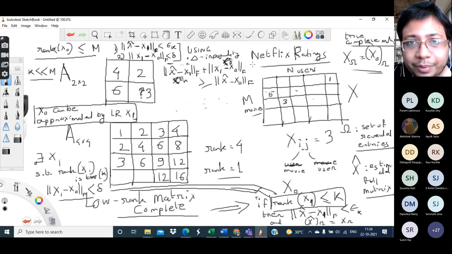So I can just add them up, and this sum is then less than or equal to delta plus epsilon K.